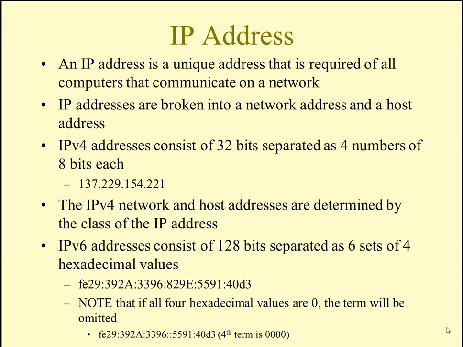Natting has a little bit of overhead also, because the routers have to perform that translation and keep track of tables mapping them, and so on. So IP version 6 came out to try to fix the problem. It was standardized.